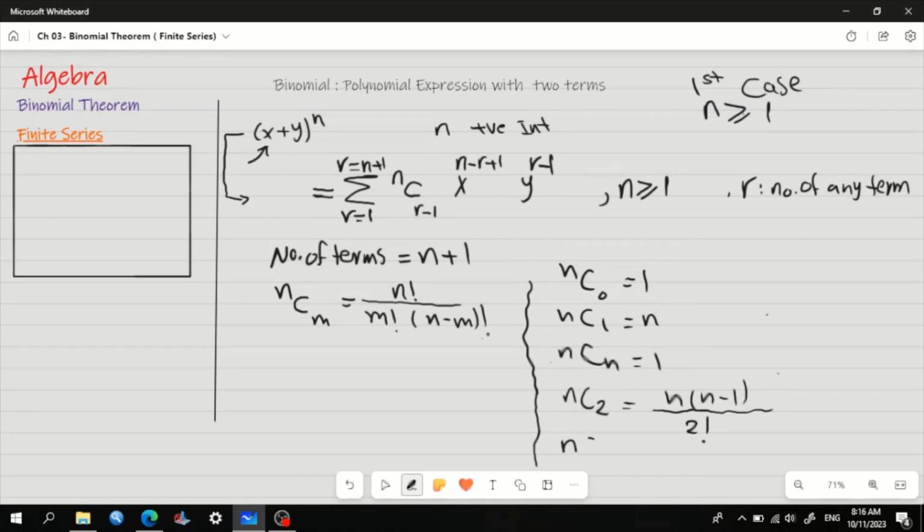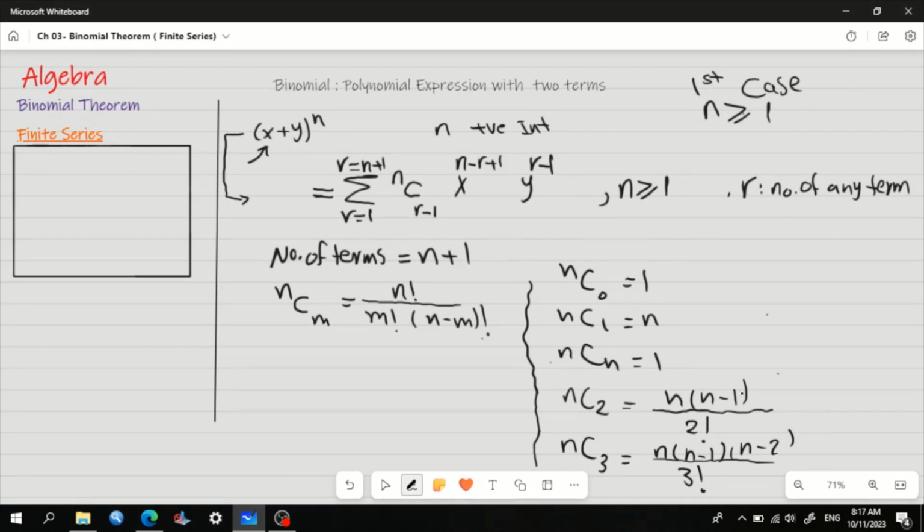Here, if we have n combination 3, this will be equal to n times n minus 1 times n minus 2 over factorial of 3.